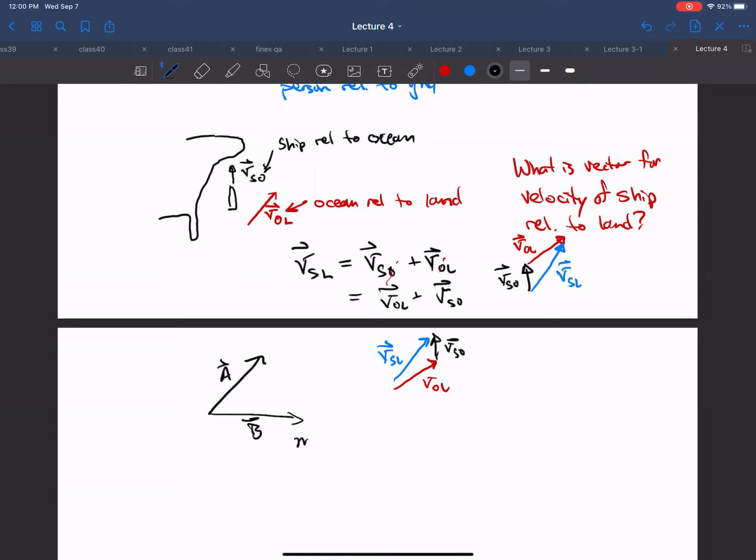So this is not helpful for finding the vector sum because it's tail to tail instead of tip to tail. Does that address your question? Not helpful for finding A plus B. Instead, we would want to draw them like this. This would be A plus B.